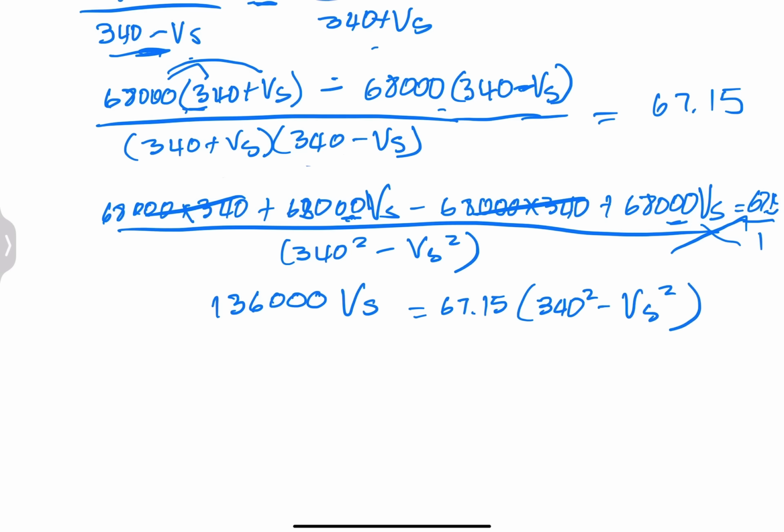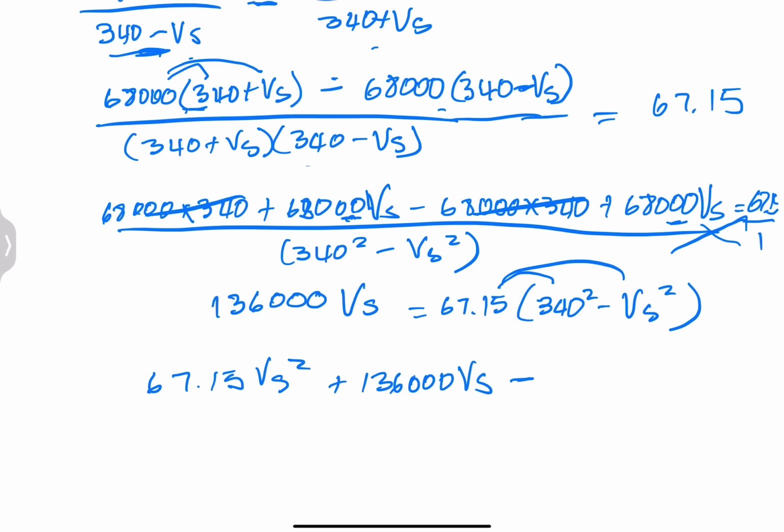Okay, so now I see I'm going to have a quadratic. I'm going to be quick about this. If I take that, that's going to be 67.15 Vs squared if I bring it over to the left hand side, and then I'll have plus 136,000 Vs, which is equal to, in fact, no, let me rather also bring that to the other side.